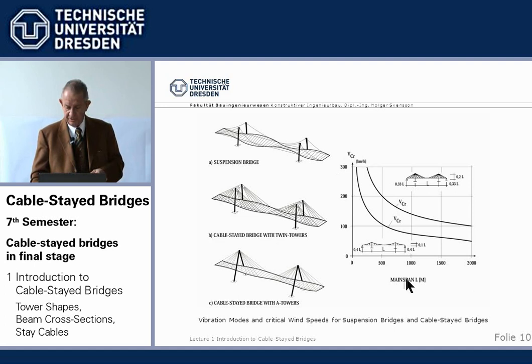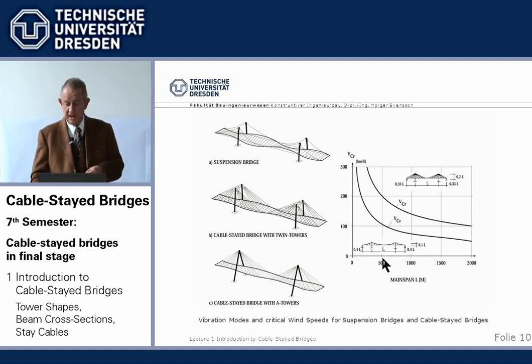If we look into this graph, we have here a main span for a similar suspension and cable-stayed bridge, and here the critical wind speed at which the bridge starts to flutter.